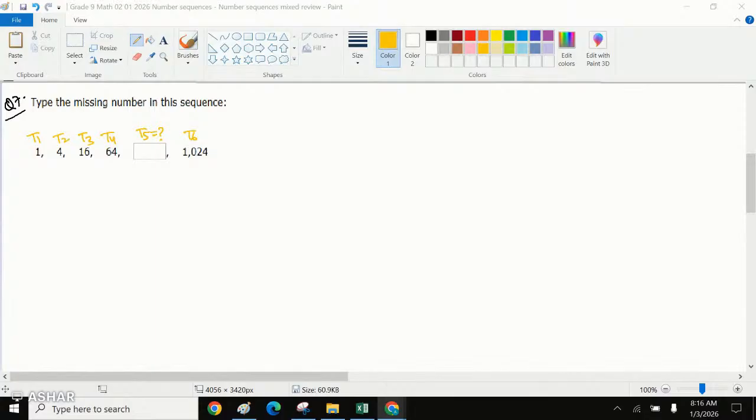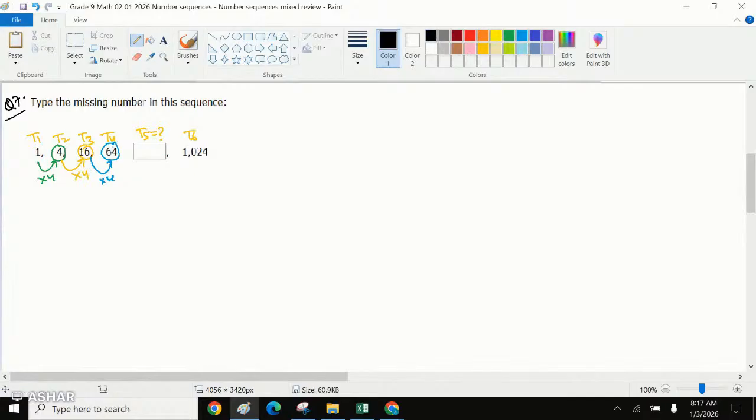So 1 needs to be multiplied by 4. If we multiply by 4, we get 4 as the answer. If we multiply 4 by 4, we get 16. Yes, we do. And 16 multiplied by 4 gives 64.